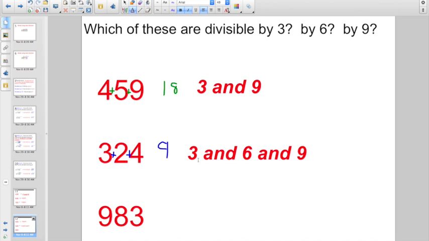You cannot use commas. So let's take a look at the last one, 983. 9 plus 8 is 17, plus 3 more, that's 20. Well, 20 is not divisible by 3. And if it's not divisible by 3, it's certainly not divisible by 6.